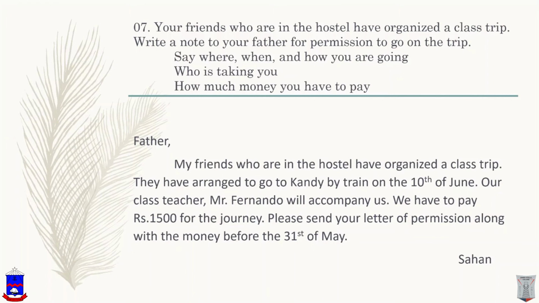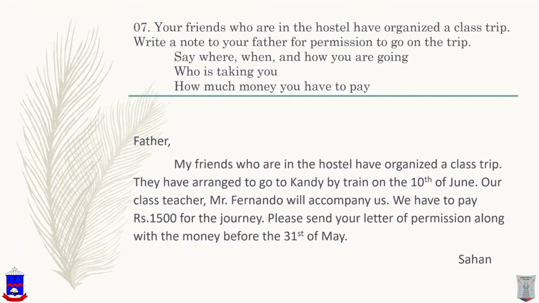Father, my friends who are in the hostel have organized a class trip. They have arranged to go to Kandy by train on the 10th of June. Now look at the first sentence. My friends who are in the hostel have organized a class trip. So there you have informed your father by giving information about having to go on a class trip.